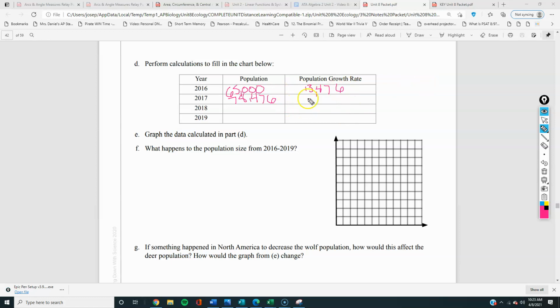So in order to find my growth rate, I need to do the whole process again, where I'm doing my R max times my population times my carrying capacity minus my population all over carrying capacity.